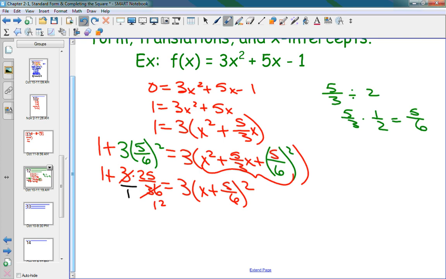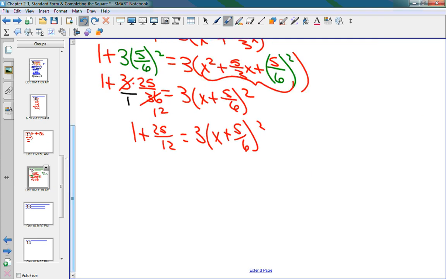This turns into a 12, so I'm left with 1 plus 25/12 is equal to 3 times x plus 5/6 squared. The 1 has to turn into a 12/12 because I need a common denominator. Right?